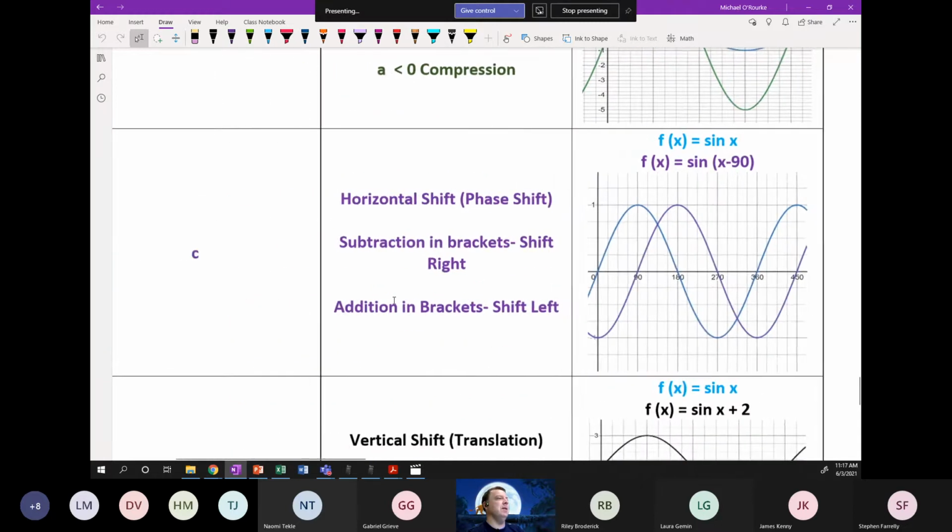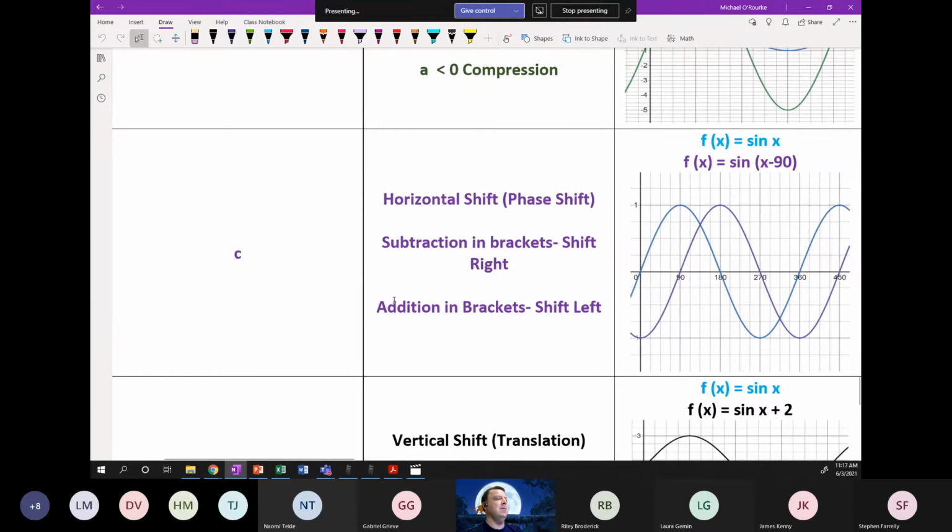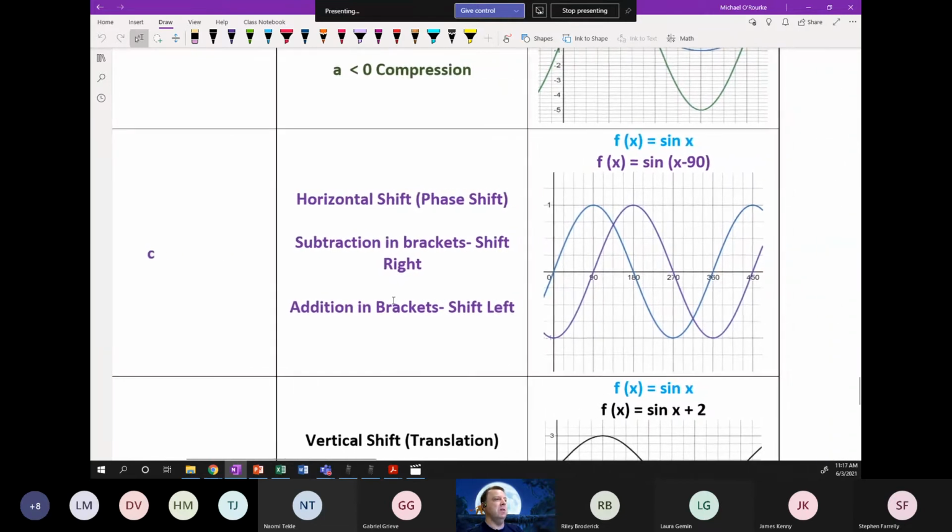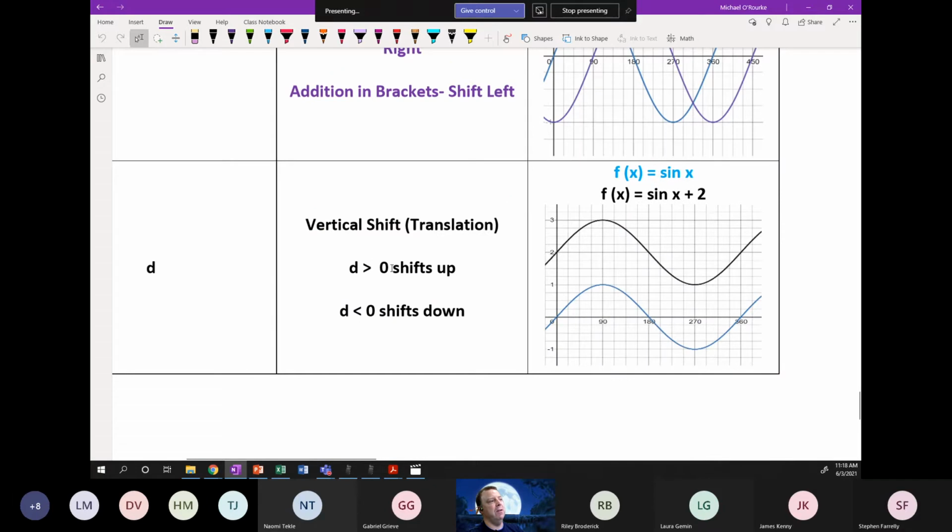And then C is my horizontal shift. So subtraction in the bracket shifts right, addition shifts left. And see here, I put a negative 90. That means I shifted the starting point over right 90 degrees. And away I went. And lastly is the vertical. If it's positive, it shifts up. If it's less than 0, it shifts down. You can see I did a +2 and just moved everything up.